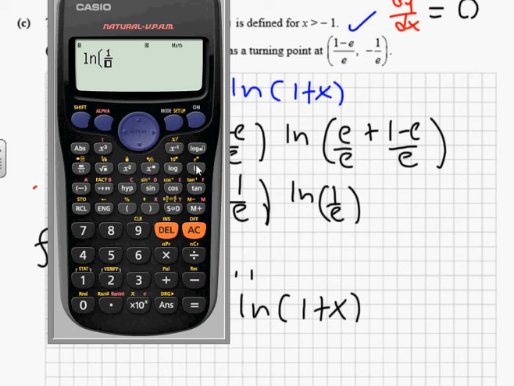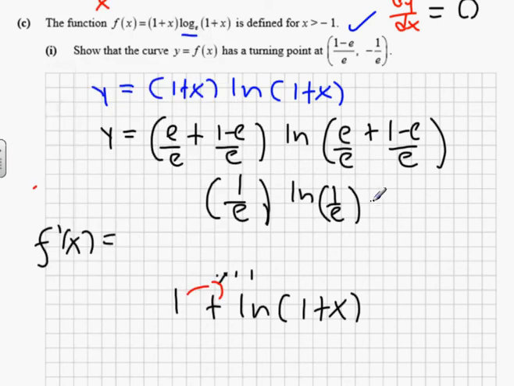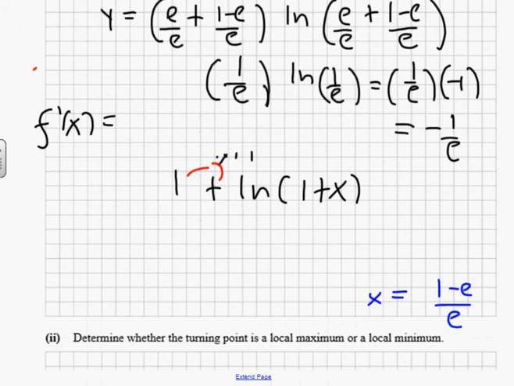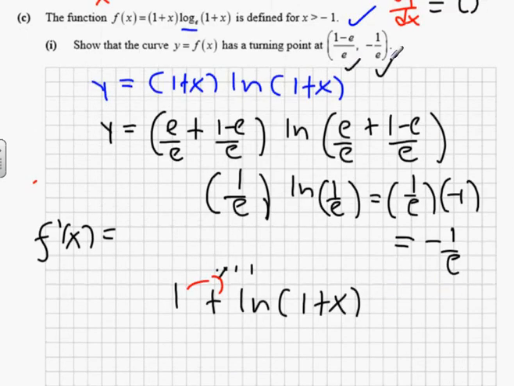It's just e to the power minus 1, and what we have here is equal to minus 1. So it's going to be 1 over e multiplied by minus 1, which is minus 1 over e. So that's the y value. So we got a y value of minus 1 over e, and we got the x value of 1 minus e over e. So we've proved our turning point, okay?